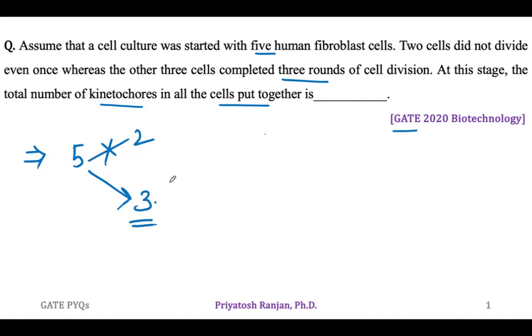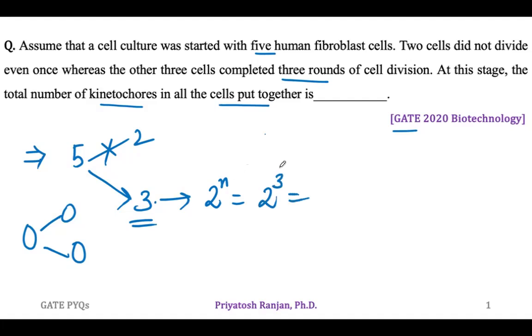We all know after each round of cell division in mitosis, we will get 2 identical daughter cells. So at the end of 3 cell divisions, the total number of cells is going to be 2 raised to the power n, where n is the total number of divisions, which in this case is 3.